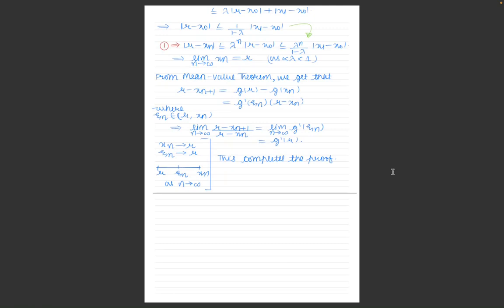So the rest of the two part is left, which I think we don't have time for. Maybe let us see how much we can prove. Okay, let us try to finish this theorem.